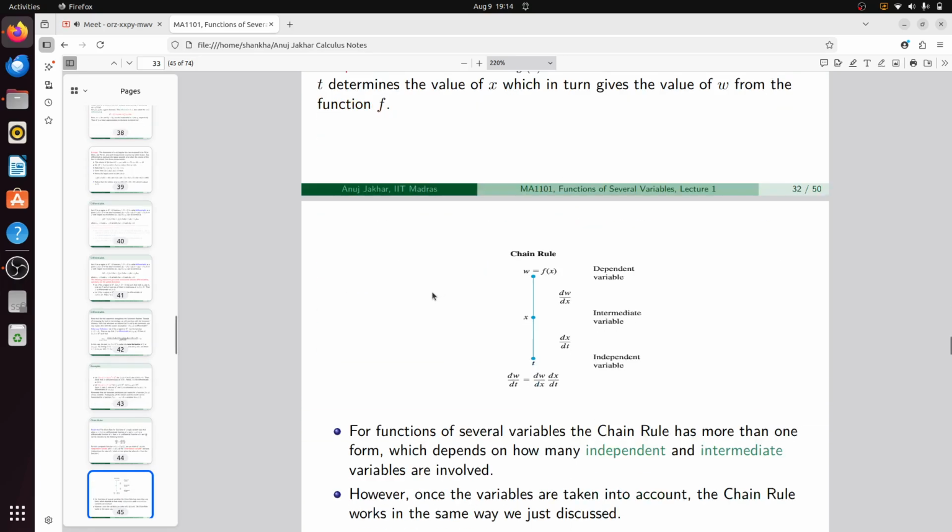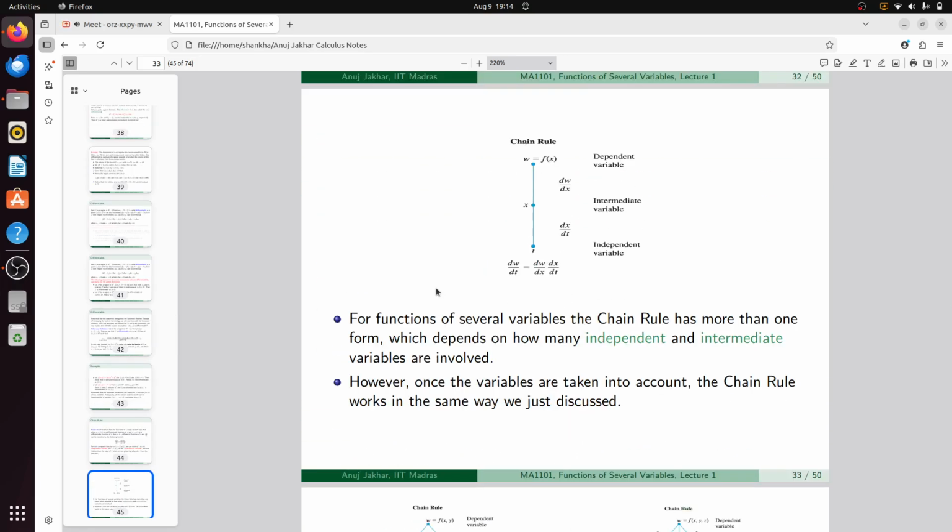The same chain rules hold for functions of several variables. The chain rule has a different form here because lots of variables are involved. If you consider in which direction you are moving, the chain rule works in the same direction.